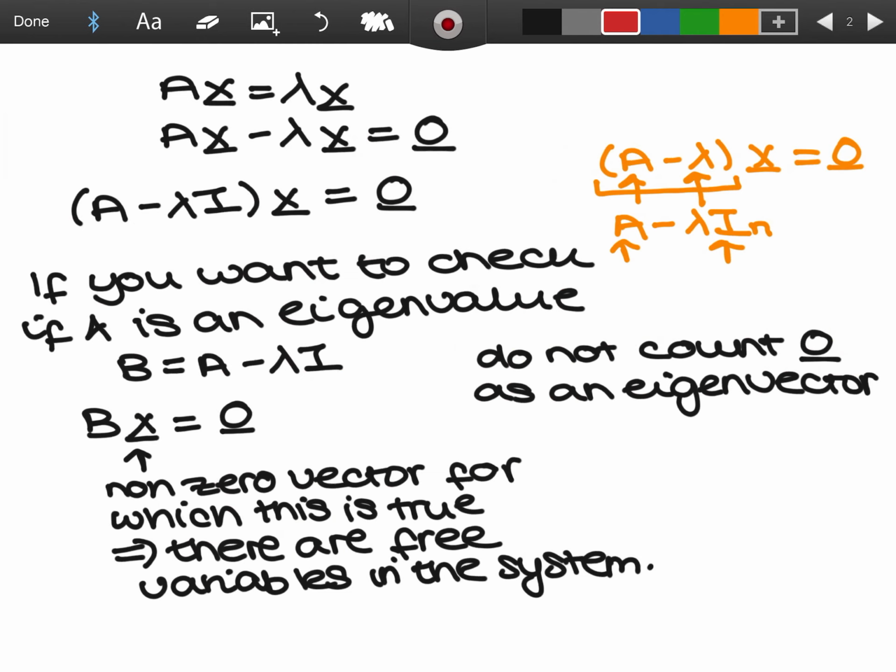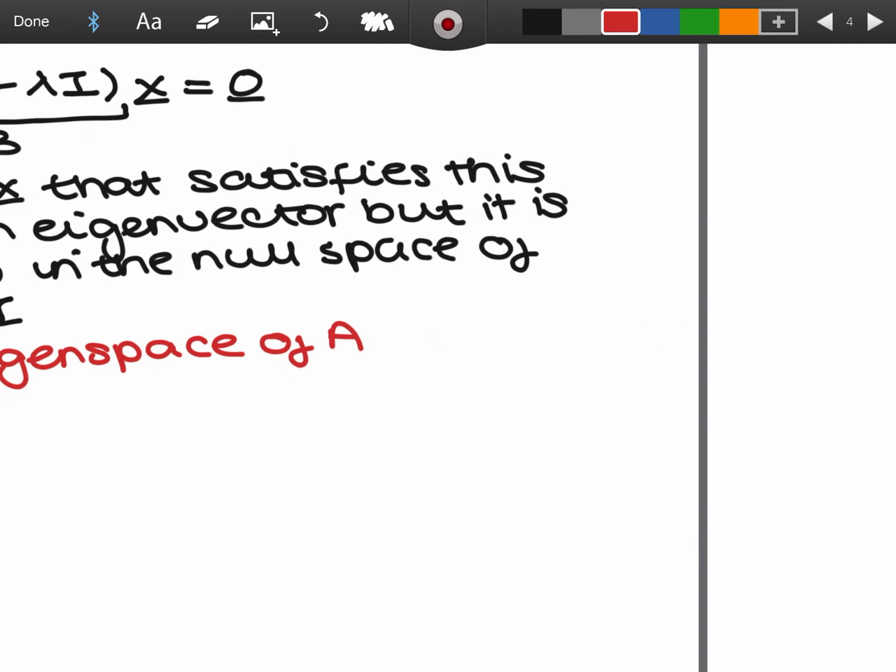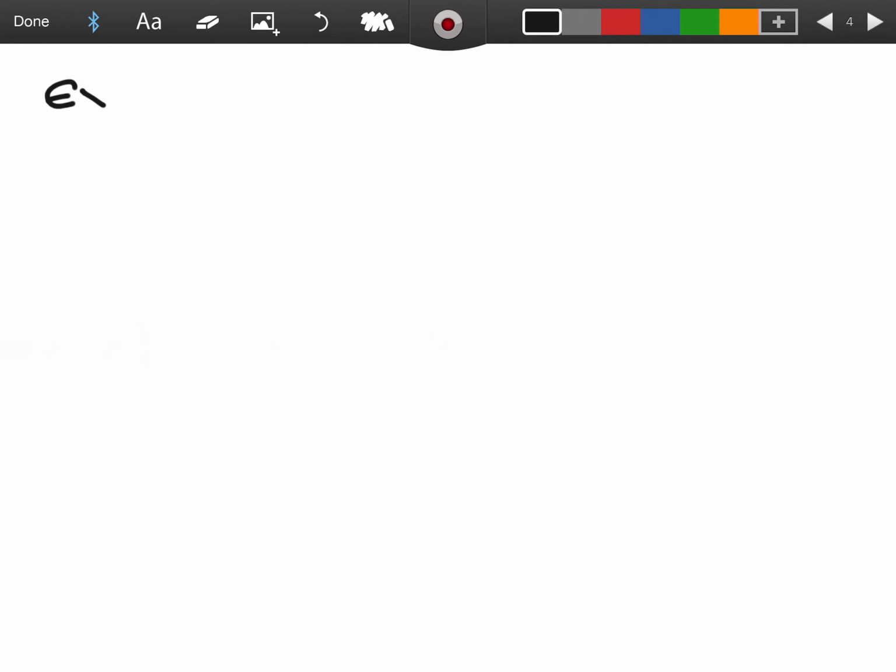So you either have just the 0 vector satisfying that, which isn't an eigenvector, we don't count the 0 vector, or if you can find something non-zero that satisfies this, there must be infinitely many vectors that satisfy that. Because there are infinitely many of them, we take that whole space of them, all of the vectors that satisfy that, and call it the eigenspace of A. Okay.